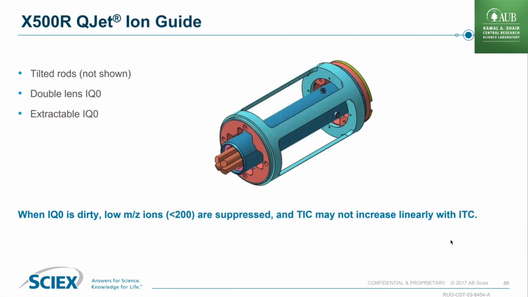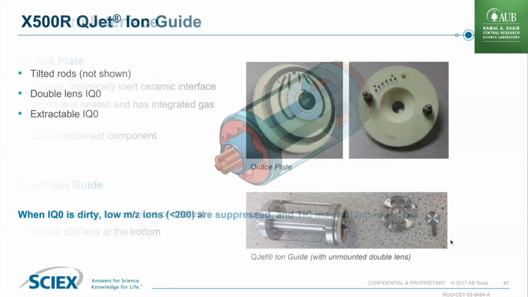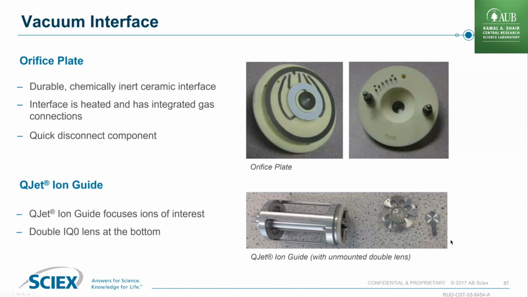And here's another diagram of the Q-jet, and this will also get some dirt up around here at the entrance to the Q-jet. This part of it sits here behind the orifice. Now this lens is removed here.